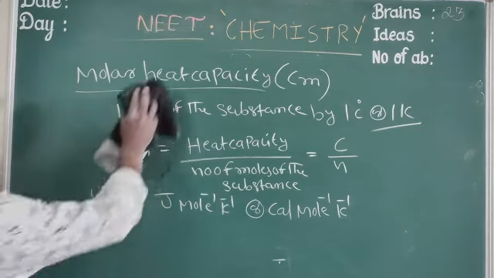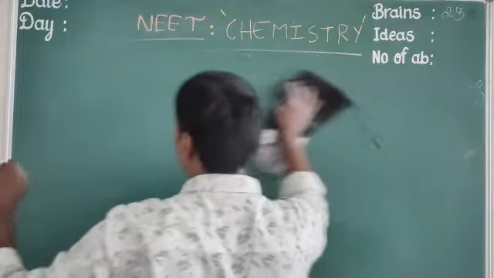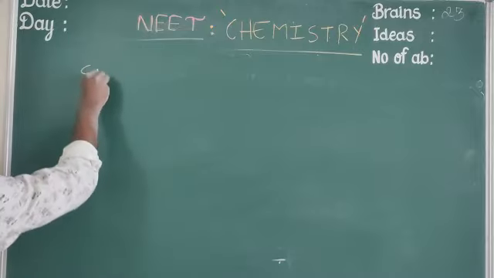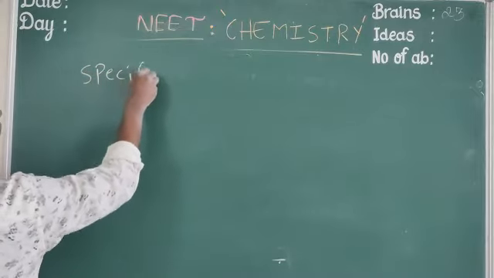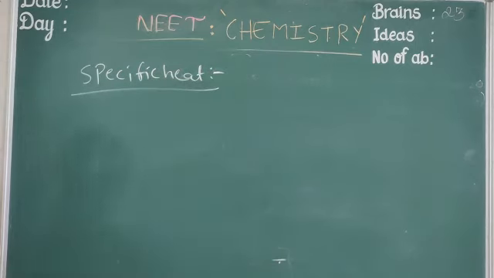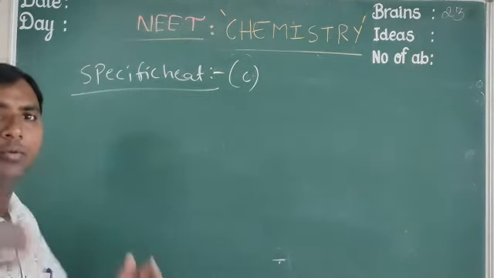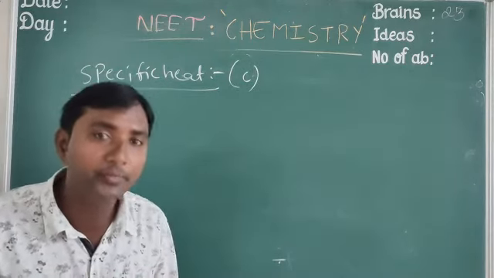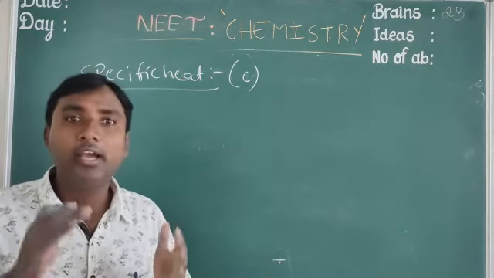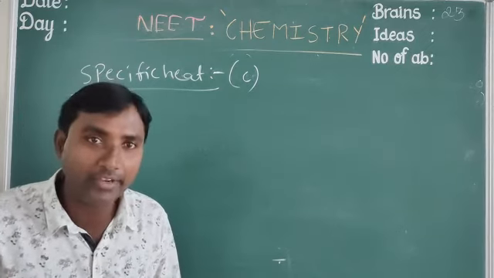Next one, specific heat. It is represented by small c. What is the specific heat? The amount of heat energy required for the temperature rise of 1 gram of the substance.